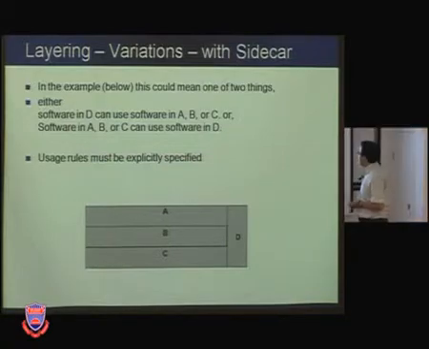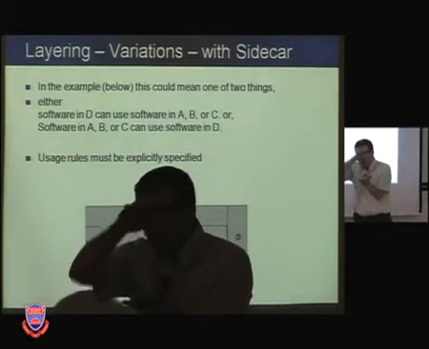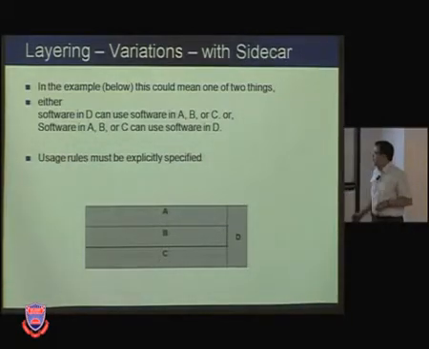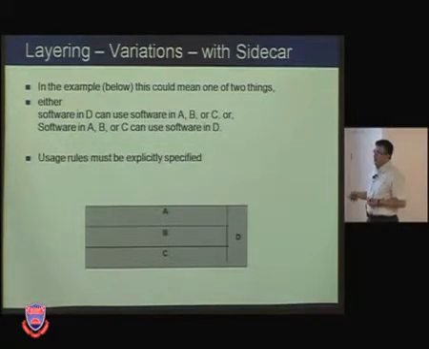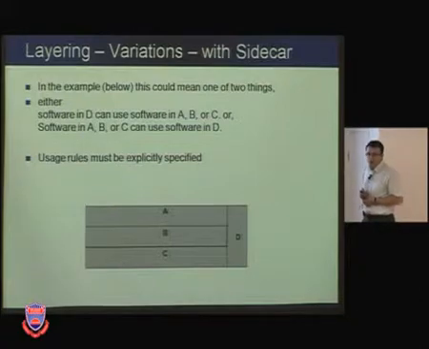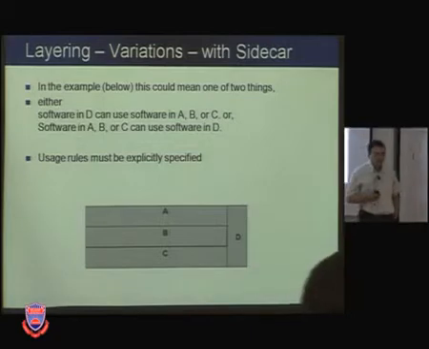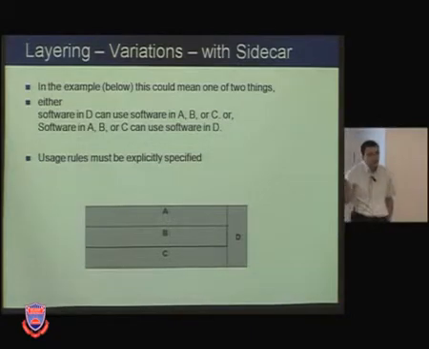This is another variation. You could just stack the layers, but very often you also see such a kind of layering where you have a sidecar. So what does this mean if you have such a case? In the layered view, we said we have layers plus one relation, allowed to use.